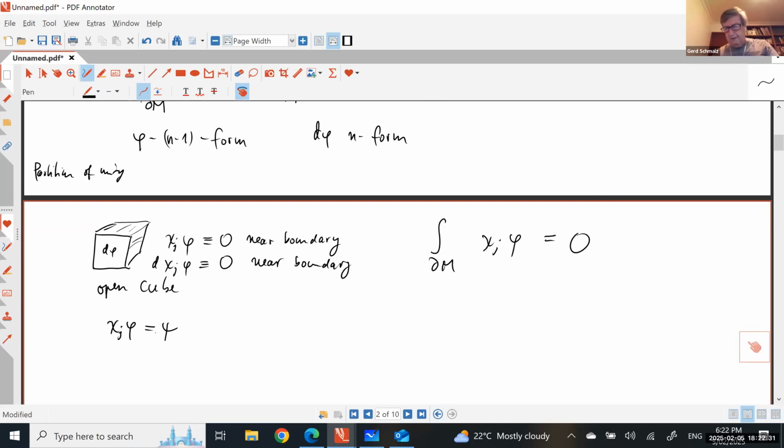So the notations become very clunky. So let's say we just have this psi which is zero near the boundary.